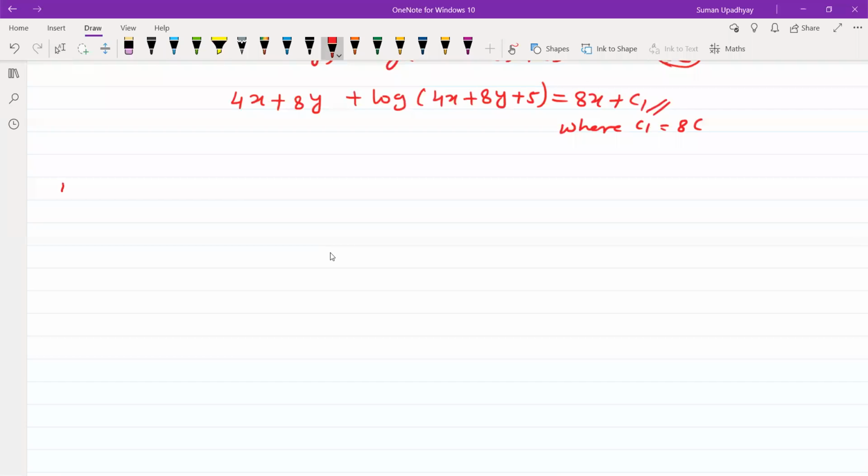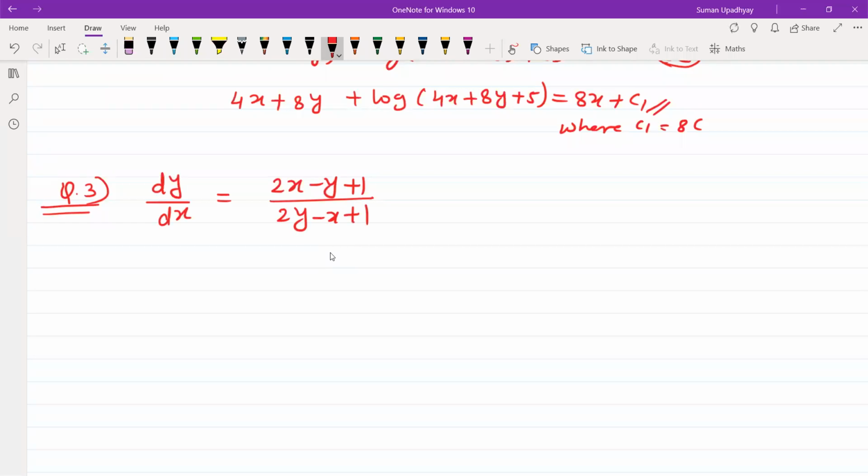So I'm giving you all one more problem right now. Just try this problem on your own. dy by dx equals 2x minus y plus 1 upon 2y minus x plus 1.